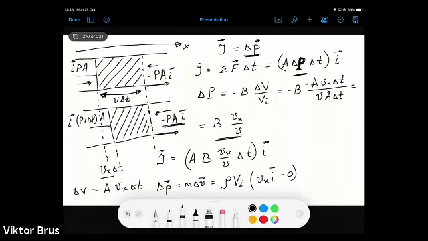And since we assume that the volume is very small, we can consider that the whole volume of the gas is moving with this speed Vx.